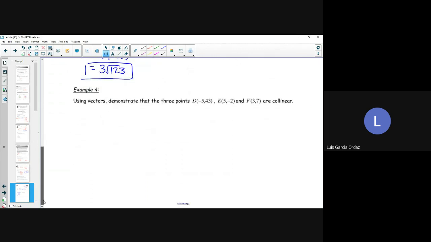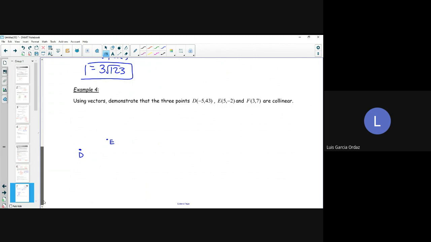So using vectors, we want to demonstrate that 3 points D, which is (-5, 43), and E, which is (5, -2), and F, which is (3, 7), are collinear. Okay? So I have my D, which is over here. I have my E, which is over here.